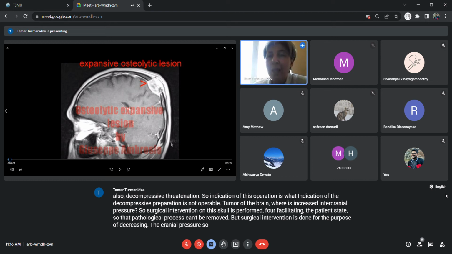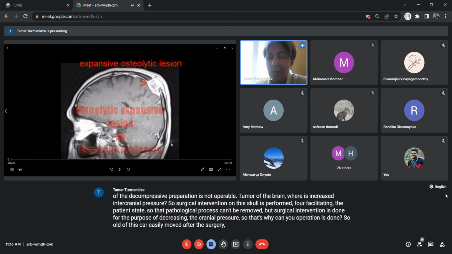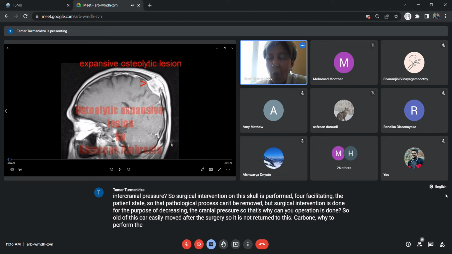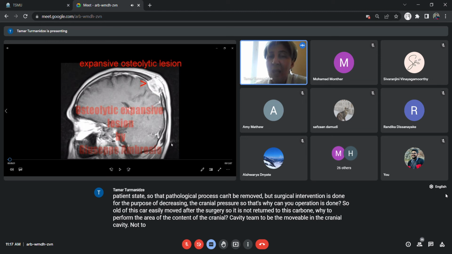So that's why the cranioectomy operation is done. The bone flap of the skull is removed after the surgery, so it is not returned to the skull bone. Why? To allow the contents of the cranial cavity to be movable in the cranial cavity, not to increase the intracranial pressure.